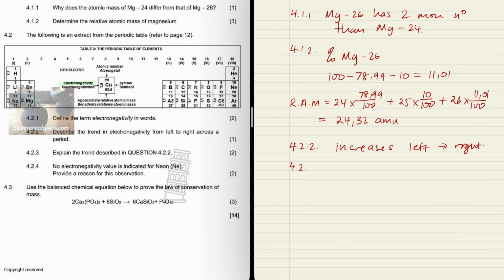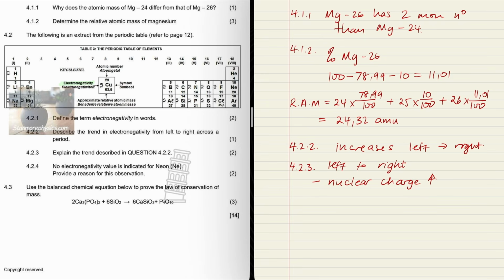Question 4.2.3, they want us to explain why this occurs. It has to do with something called effective nuclear charge, or in other words, you can think of it as the charge in the nucleus. As you go from left to right on the periodic table, the nuclear charge increases, because there are more protons there. So the charge inside the nucleus gets bigger and bigger.